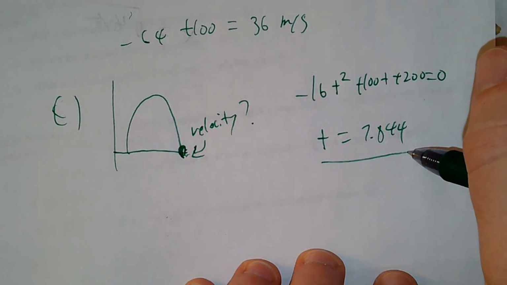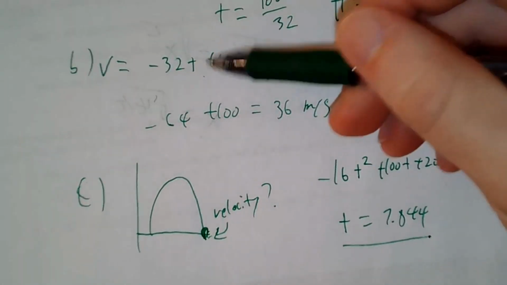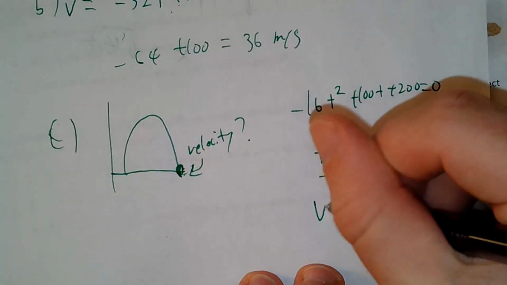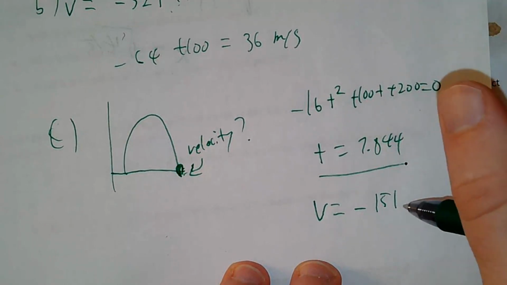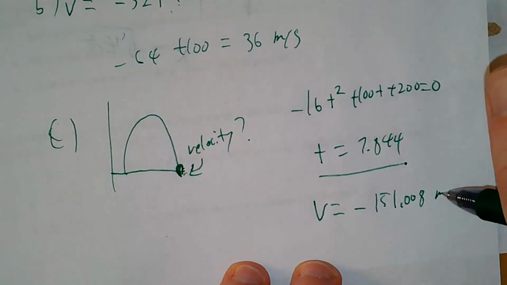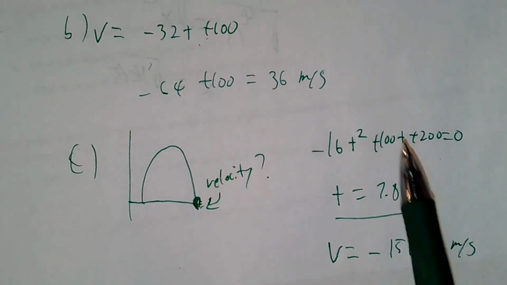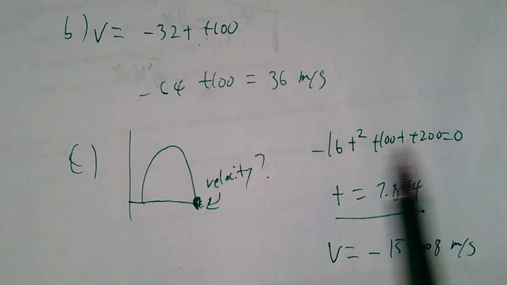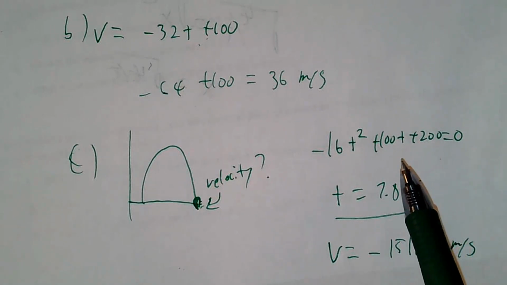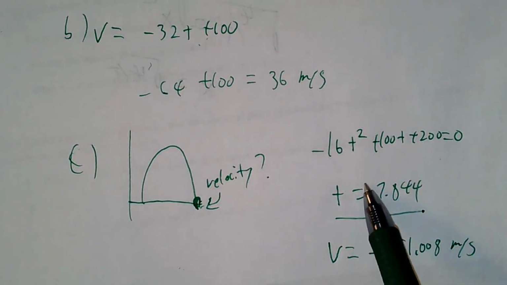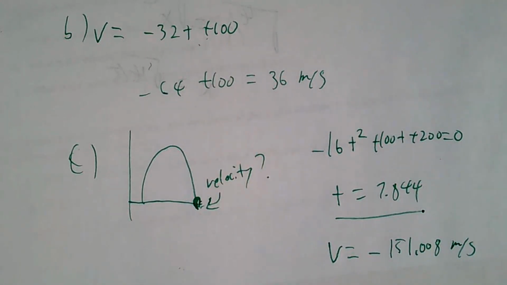And then to find the velocity, you take this and plug it into our velocity function. Velocity equals negative 151.008 meters per second. So how did I do this? You set the original equal to 0 and you solve that through graphing it, or you can use the quadratic formula. You get this new time, you plug that time into the velocity function to get the velocity.